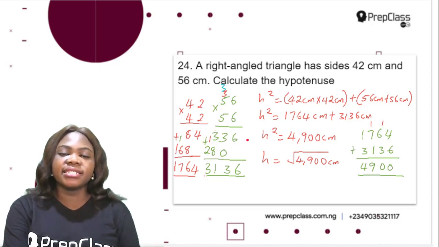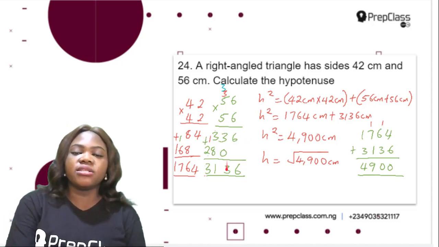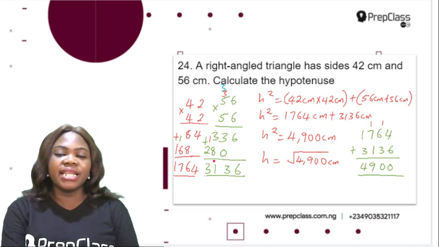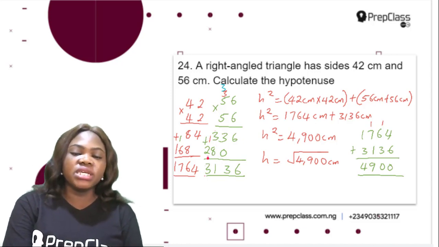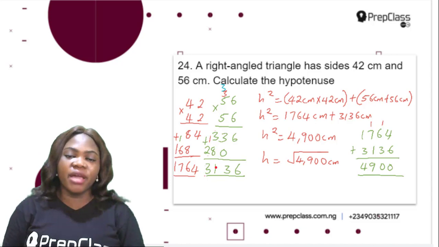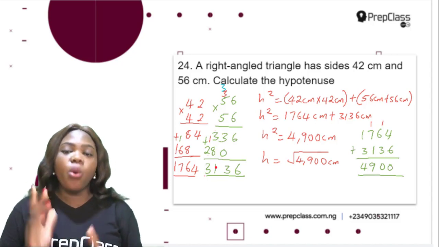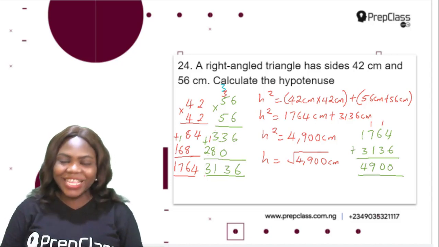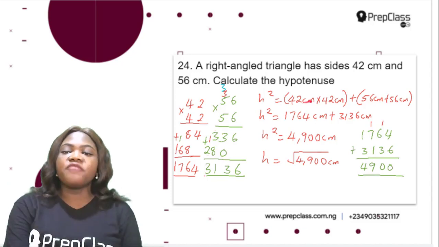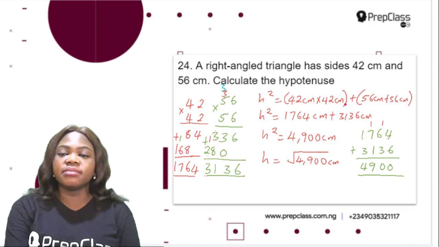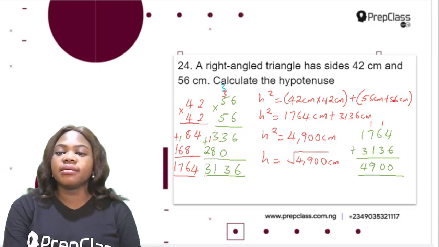Now let's add this together. 6 plus nothing is 6. 3 plus 0 is 3. 3 plus 8 is 11. Write 1. Carry 1. 1 plus 2 is 3. So 56 multiplied by 56 is 3,136.